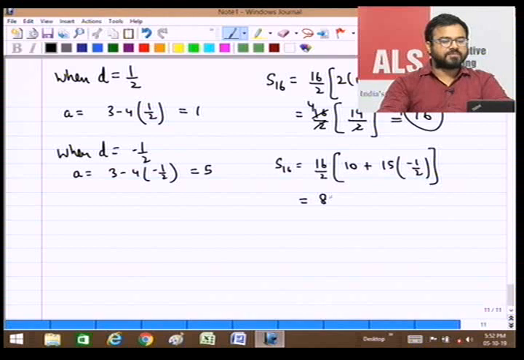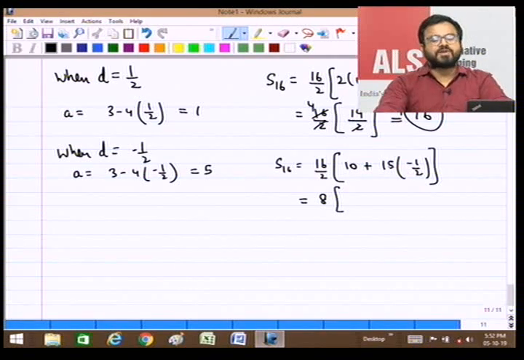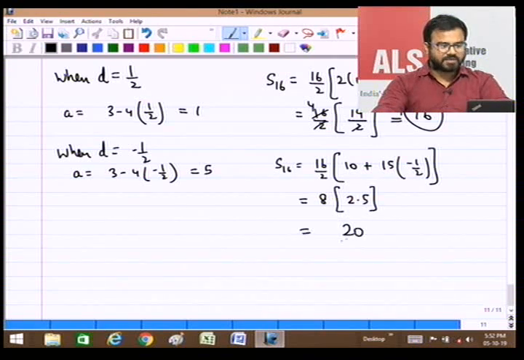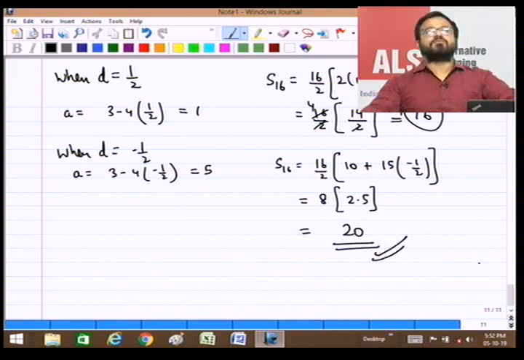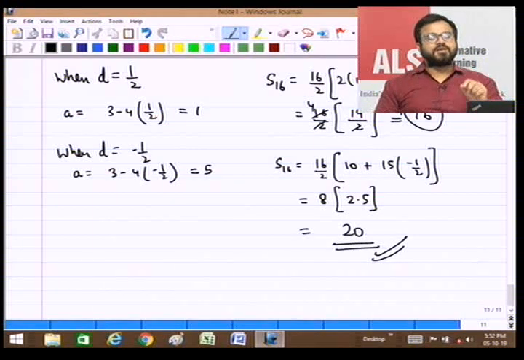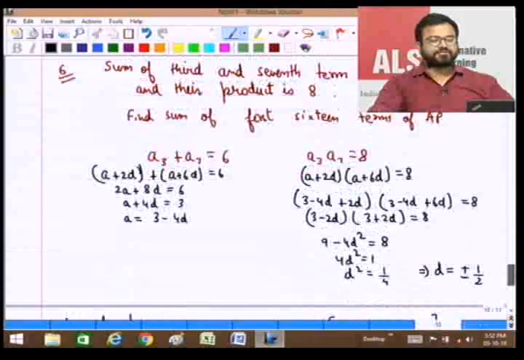So that would become 8 times 10 minus 7.5, since 15 by 2 is 7.5. So 10 minus 7.5 is 2.5, and 8 into 2.5 is nothing but 20. So either the sum of the first 16 terms is 20 or 76. That will satisfy this condition.